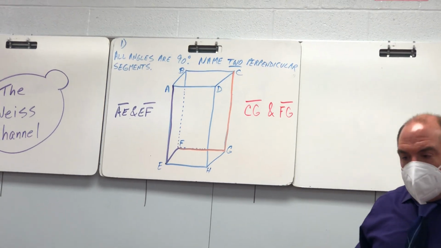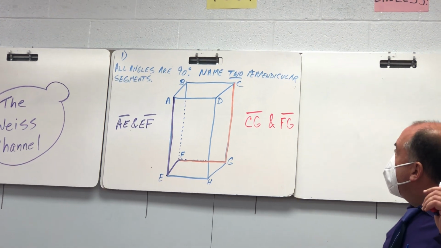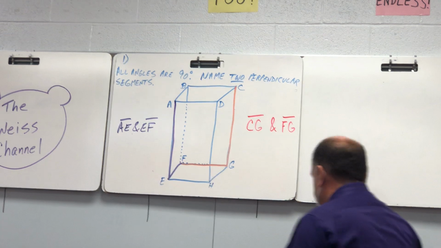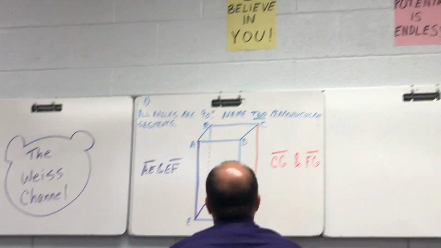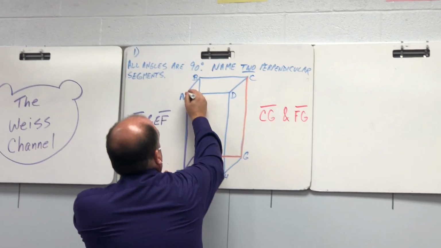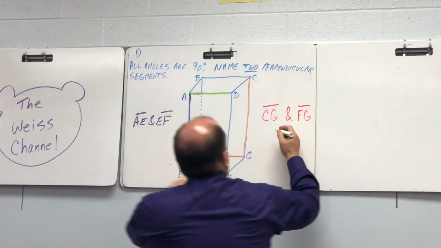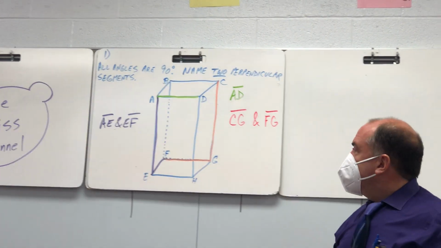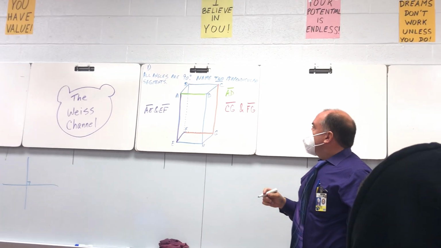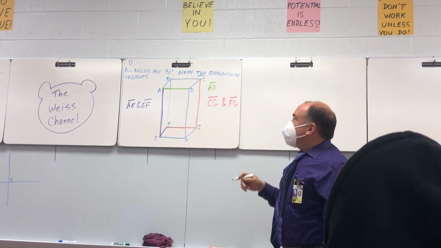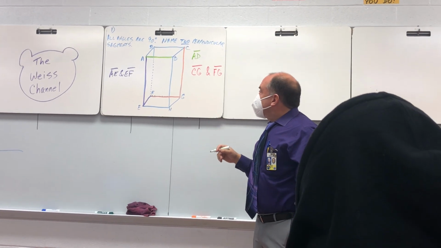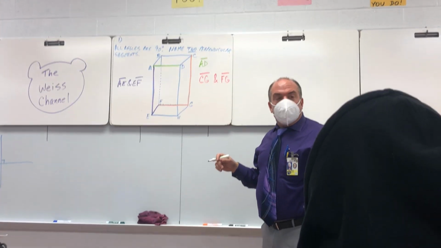Okay, let's do one more set. AD. AD and what? You have 4 choices you could make here. It's perpendicular with a lot of them.